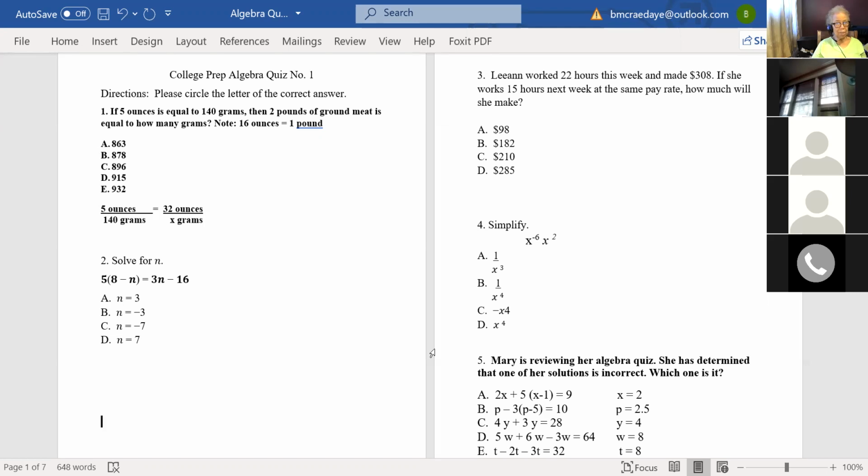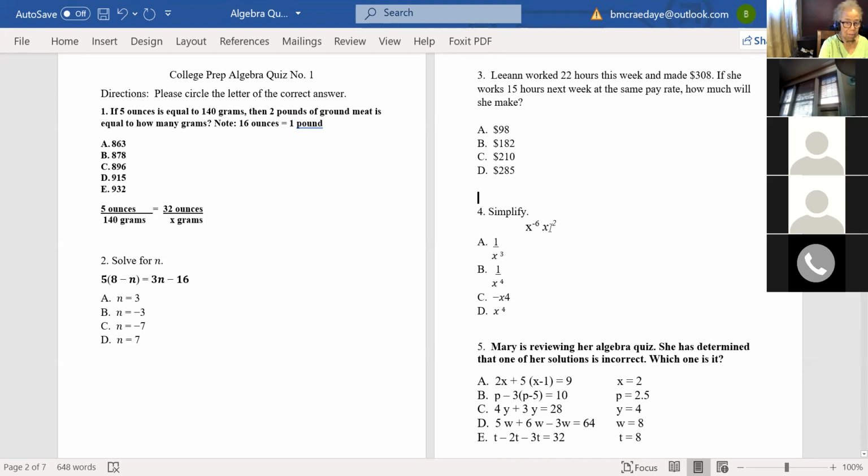What does it say? Leanne worked 22 hours this week. All right, so you got it. Okay. So you should be able to see 3, 4, and 5, right? There's 3, 4, and there's 5.